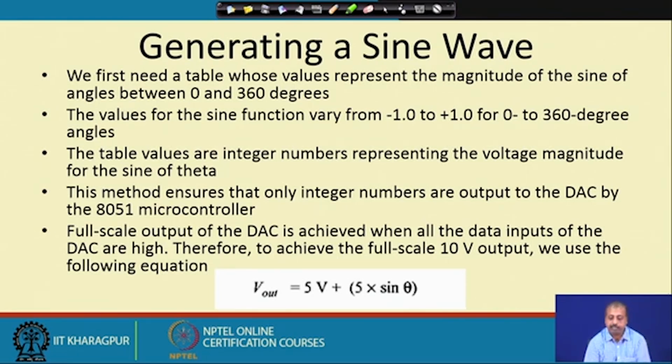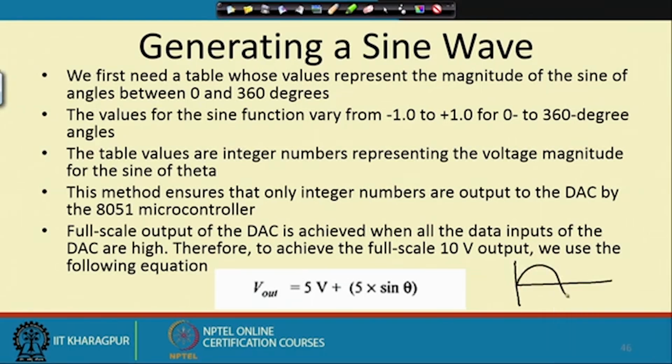The next thing to be decided is the full scale value of the DAC for this sine wave. If you think that the full range of this sine wave should be 10 volt, say +5 to -5, then this range is 10 volt.